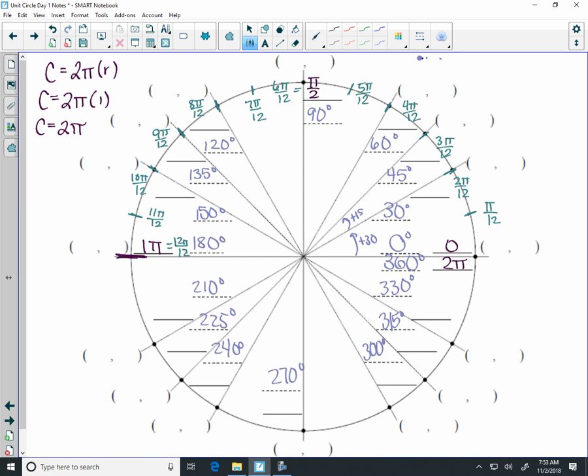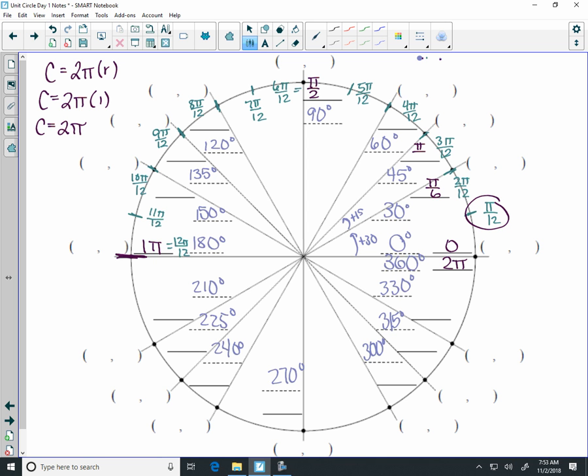So if we go back around and reduce our fractions, we're going to get the values that we typically memorize on our unit circle. So pi over 12 here does not reduce. 2 pi over 12 does. 2 pi over 12 is equal to pi over 6. 3 pi over 12, 3 goes into 12 4 times.